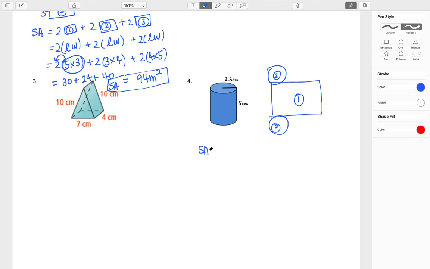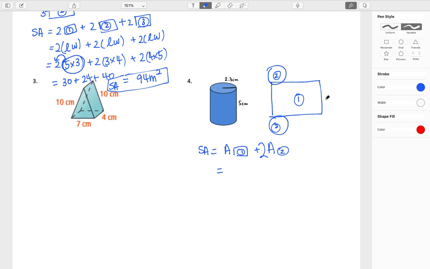The surface area of a cylinder is the area of shape 1, a rectangle, and then the area of 2 circles. There's 2 of them, right? Same thing.